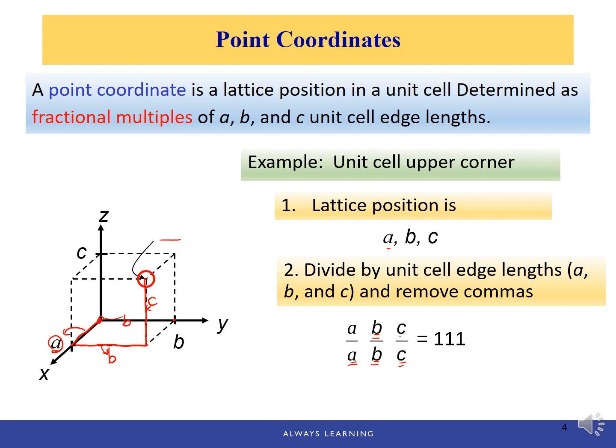Actually, the edge length is the unit length in that direction of the unit cell, so it's C, and remove commas. Therefore, we have 1, 1, 1.